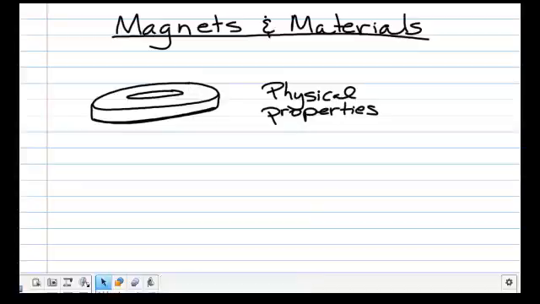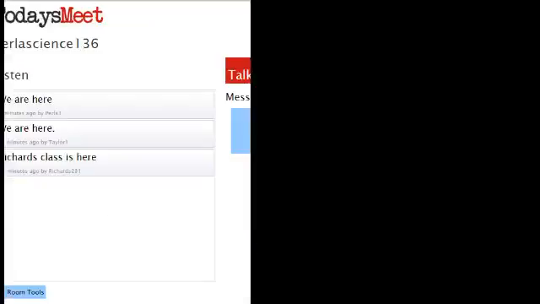So get onto todaysmeet.com and share out some of those physical properties. What are the physical properties that you see on this object? Okay, so get onto Today's Meet and let me know what physical properties you observe about this object.